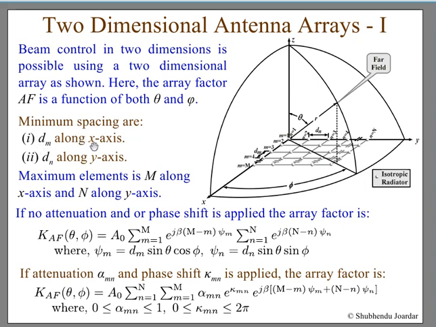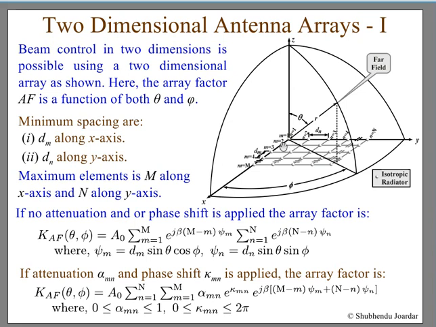The spacings are dm along the x-axis and dn along the y-axis. Can you see this diagram? n is equal to 1 is the center one, where m is also equal to 1.